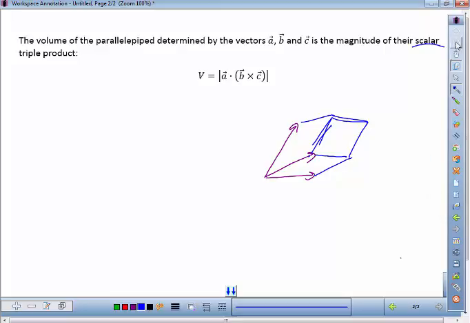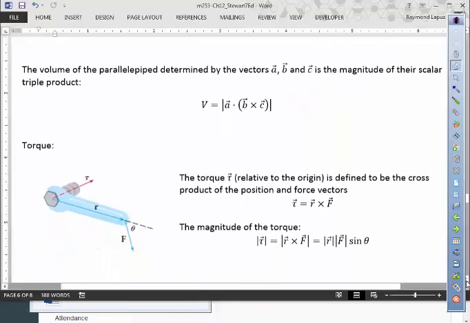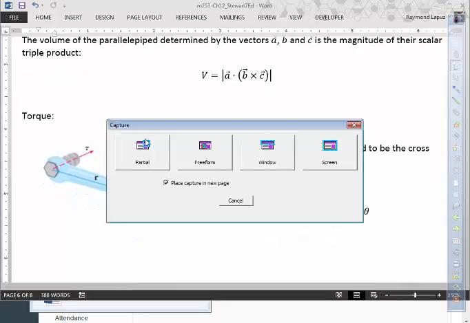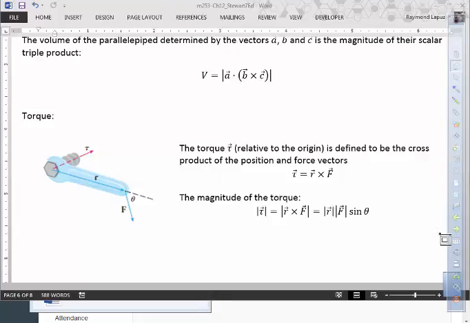But the other application that we need to talk about is the application of the cross product as a torque. Here's a picture from the book and the explanation.